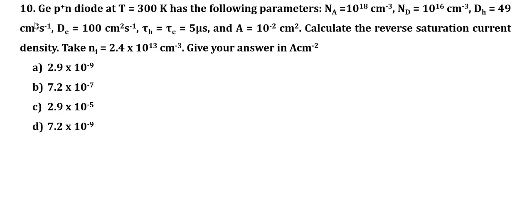Reverse saturation current density, J naught. The formula is given, J naught equal to e Ni square.